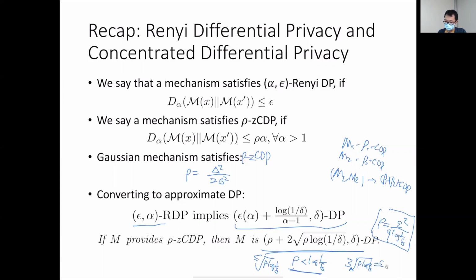So this makes it very easy for us to calculate the composition of these mechanisms, and so at the end of the day, we can use this to analyze the noisy gradient descent and noisy stochastic gradient descent algorithms.